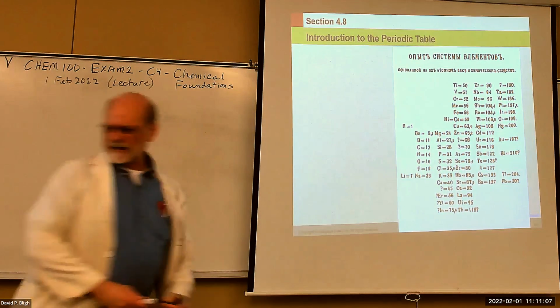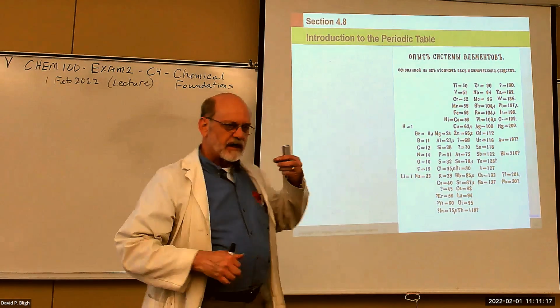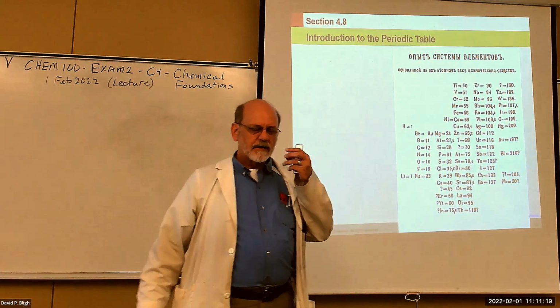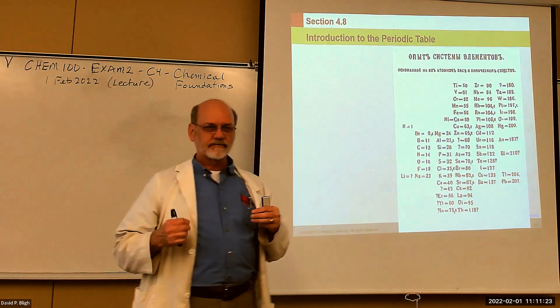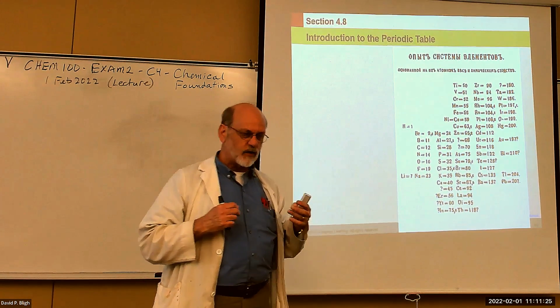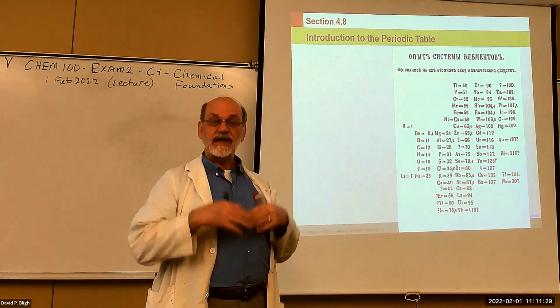And maybe in this course, we're not going to go into as much detail. But there were other scientists who were noticing chemical and physical trends with different elements. And they noticed that these elements are grouped together because they behave similarly.